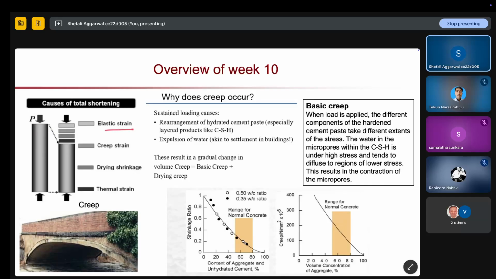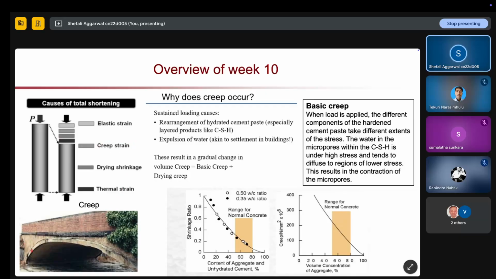First is normal elastic strain. It can be due to creep strain. Creep is again movement of water outside due to loading or stress condition. Then third is drying shrinkage, which we will come to, what exactly drying shrinkage is. And fourth is thermal strain. So these are the four reasons of the deformation in your shape, and one of them is creep.